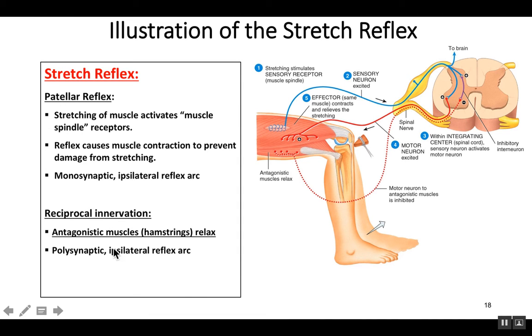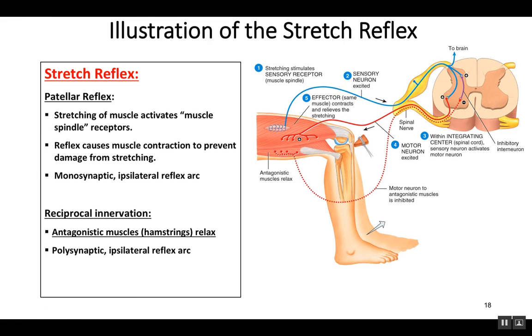The reciprocal response is a polysynaptic reflex because it requires this interneuron. This interneuron is extremely important to this reciprocal reflex because it is converting the impulses from stimulatory to inhibitory. So it can turn off this neuron and cause that hamstring to stay relaxed.